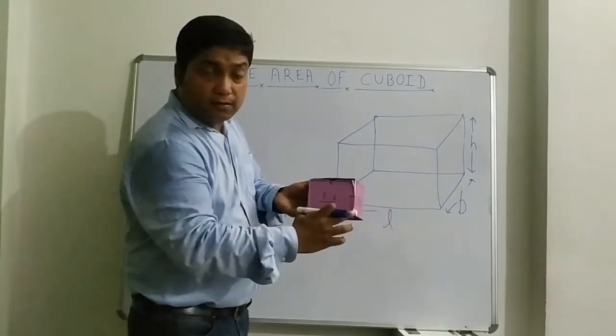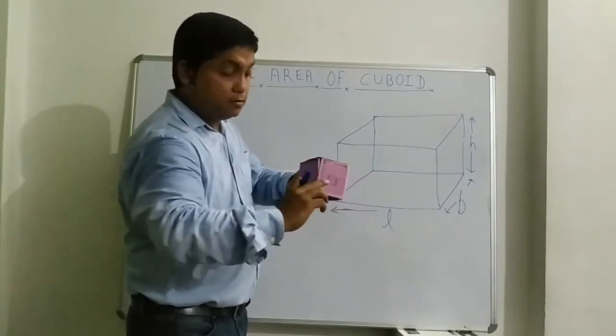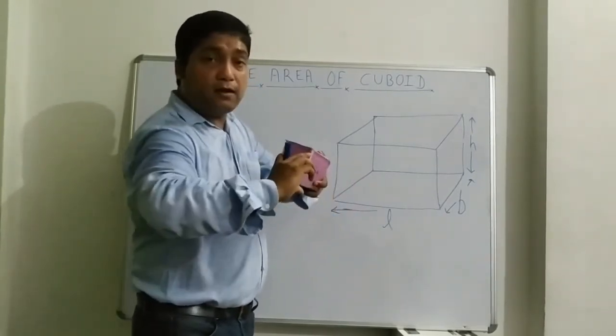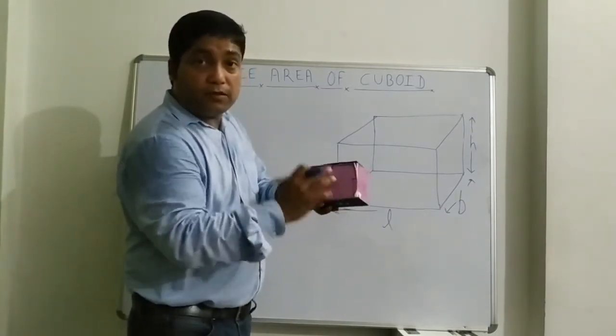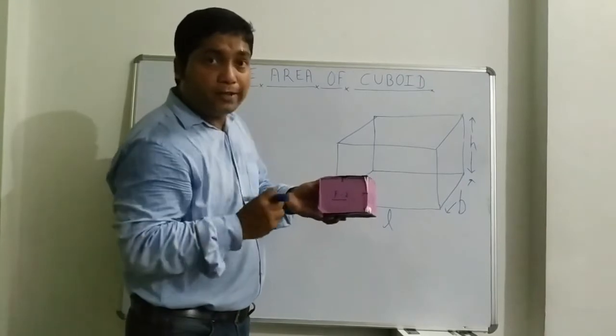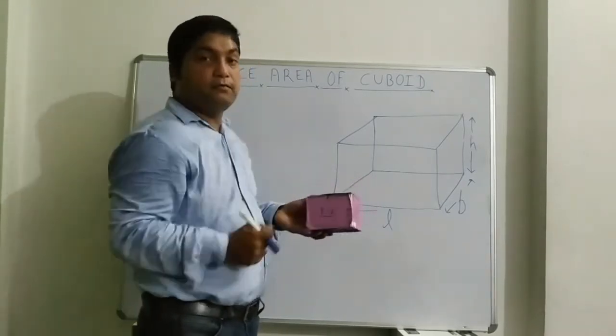This one is the length, this one is the breadth, and this is the height. Length into breadth; here the length is L and the breadth is the height.